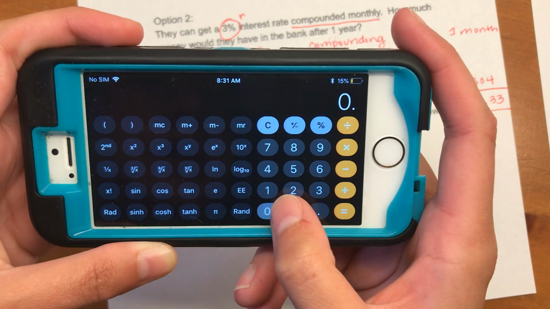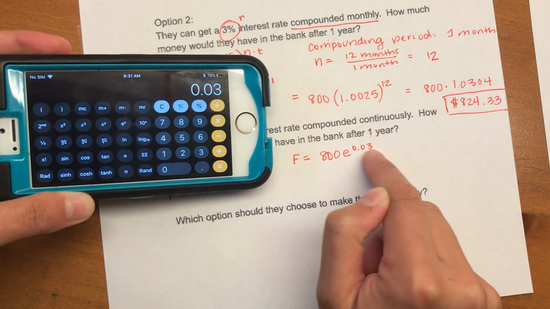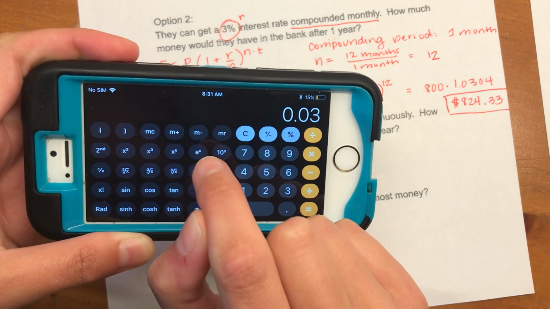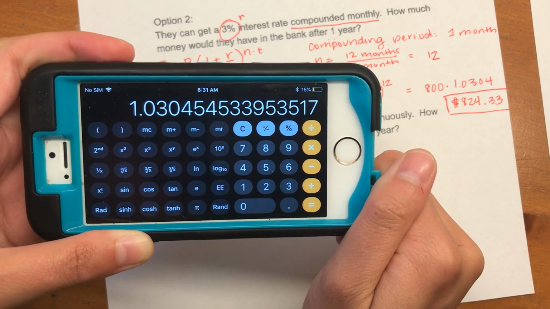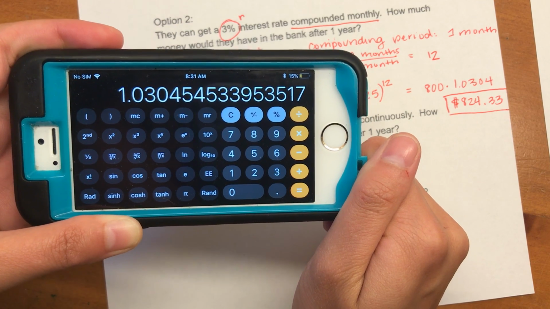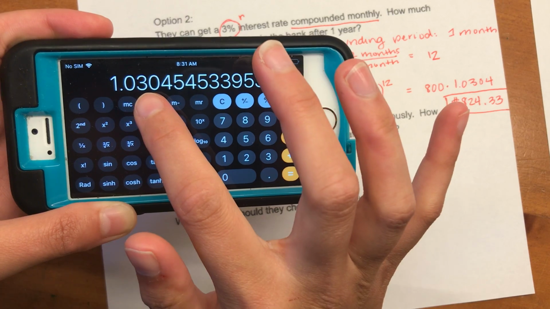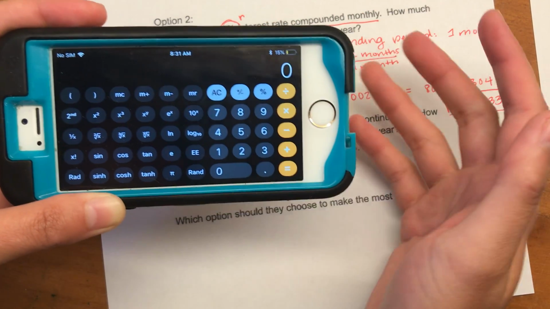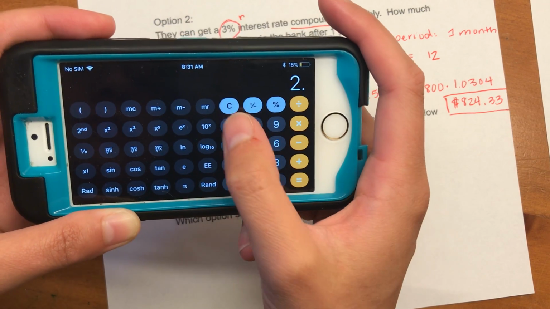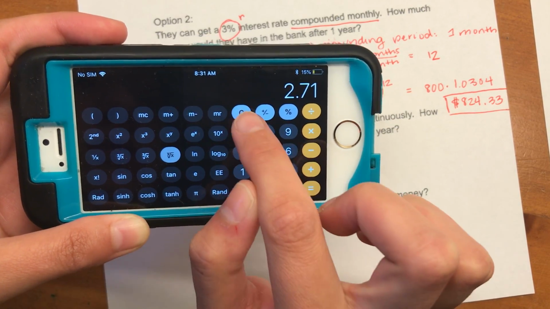So I'm going to say 0.03. I put in the exponent first. So I have e to the 0.03. And then I hit the e to the x button. And that's how I'm going to get my value. Okay? You'll see I get 1.03045. You could also do, we know e is 2.71. You could put in that and then say, oops, that's not the button.